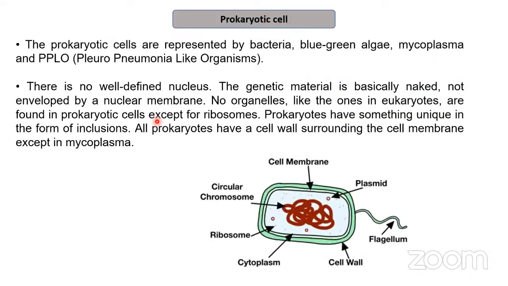Moving forward to what are prokaryotic cells. The prokaryotic cells are represented by bacteria, blue-green algae, that is BGA, mycoplasma, and pleuropneumonia-like organisms.